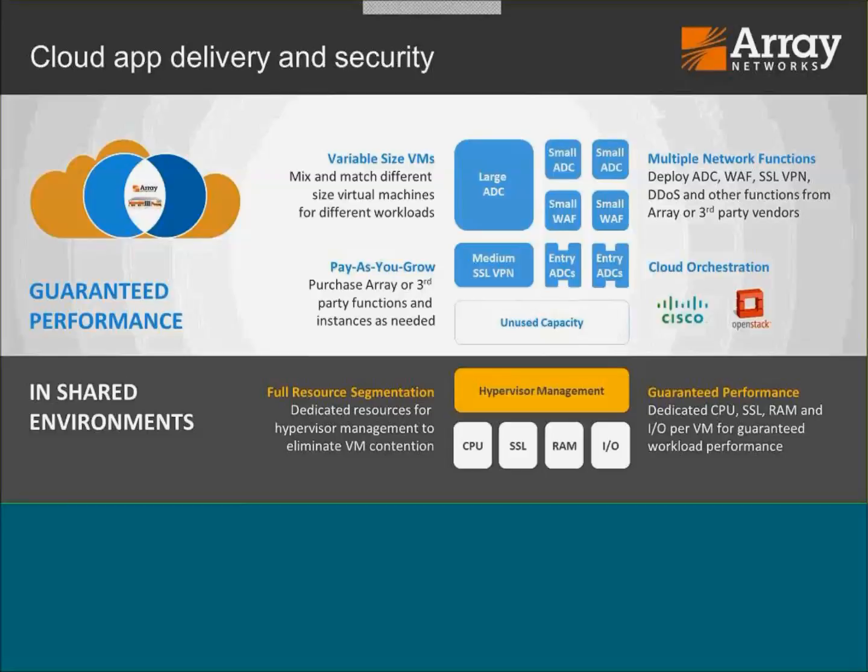Absolutely. Or you can mix and match. You can say, I want this platform to host everything that I need to support application A. I need an ADC, a WAF, a DDoS, and an SSL VPN. All those functions are hosted here on an appropriately sized virtual machine, and I'm good to go supporting a particular application. So very flexible, right?